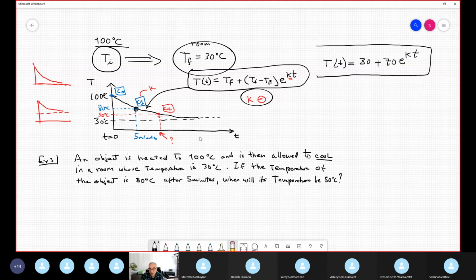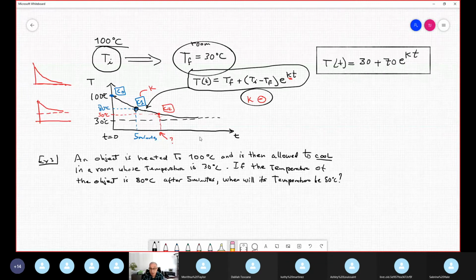But the formula is incomplete now because we don't know the value of K. To find the value of K, I'm using condition 1. Condition 1 says that at 80 Celsius degrees we have 5 minutes. So 80 equals 30 plus 70 exponential K times 5. And using this, you solve for K.